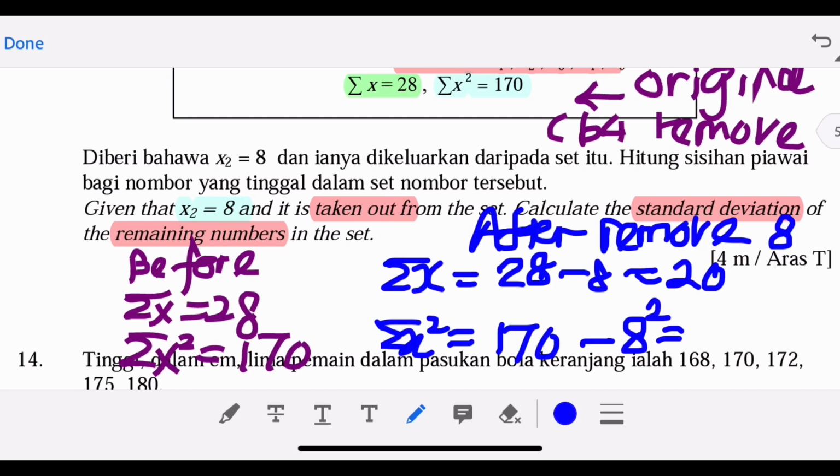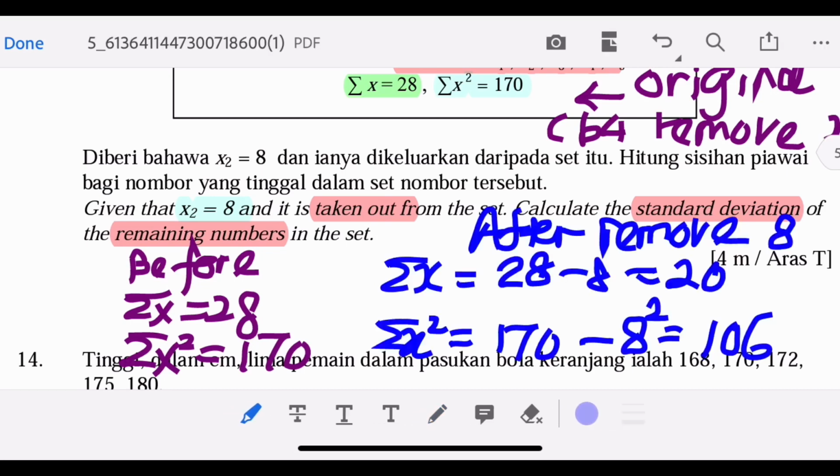Then press your calculator, 170 minus 64. You will get the new sum of the data square after you remove the 8, which is 106, right?